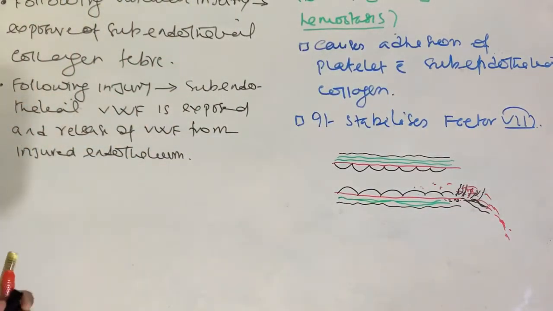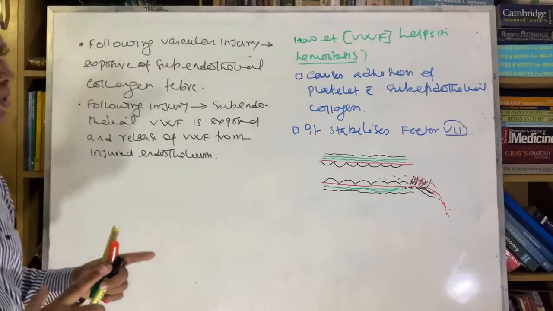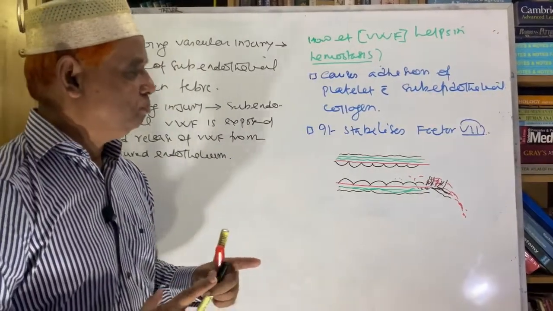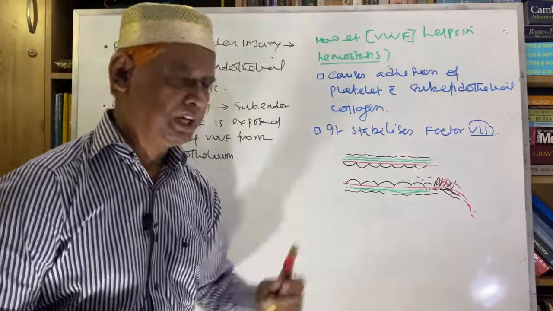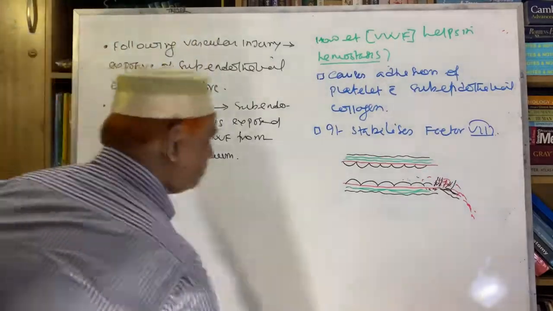The von Willebrand factor then makes a bridge or cross links between the collagen fiber and the platelet. What happens?